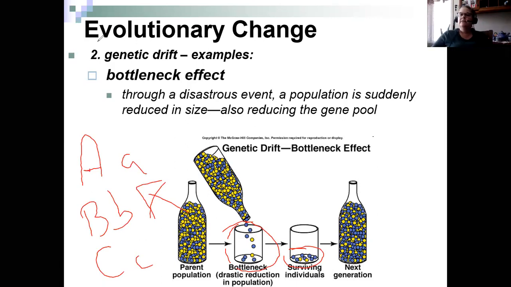We know there's going to be thousands of them, right? But with the individuals that survived, let's say the only individuals that survived were recessive for the A trait, and maybe homozygous dominant for the B trait, and maybe recessive for the C trait.